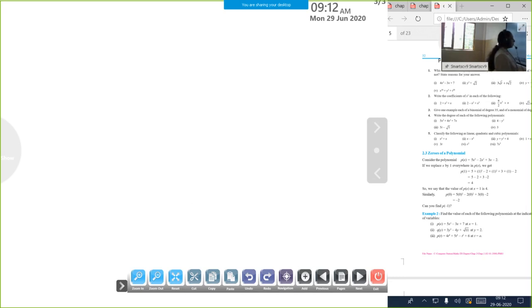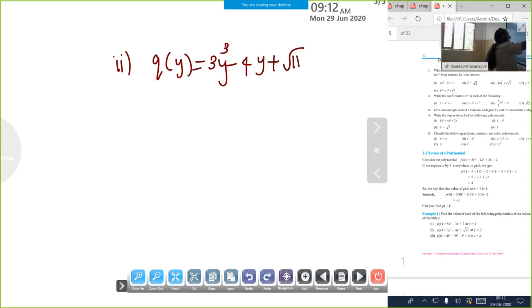Then the next question. If q of y equals 3y cube minus 4y plus root 11 at y equal to 2, you need to find the value at y equal to 2.